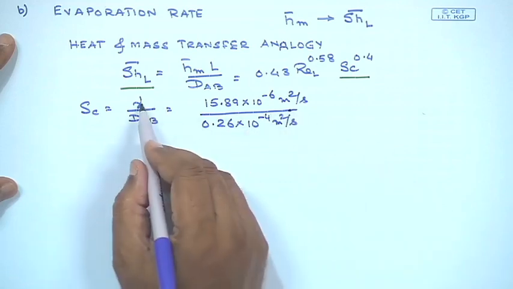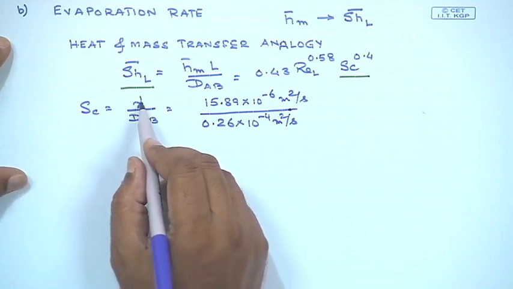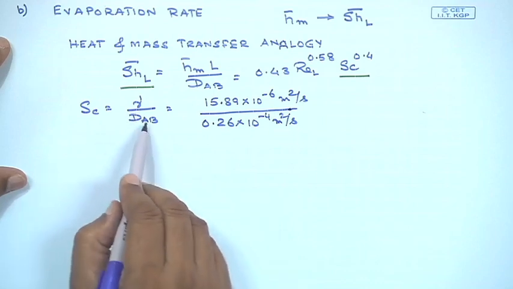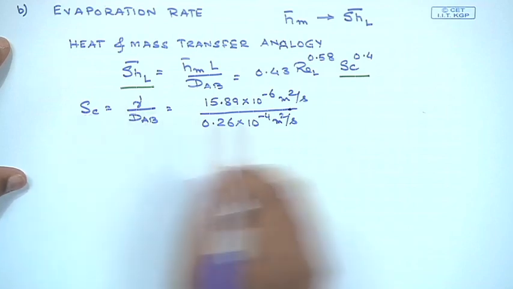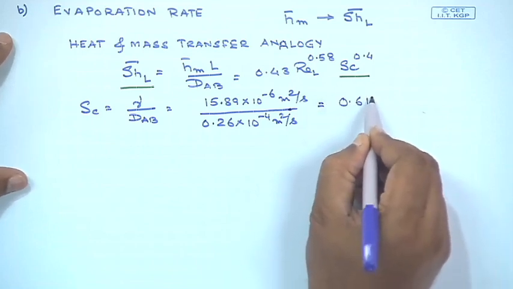So, the kinematic viscosity, or the momentum diffusivity, and the mass diffusivity, the ratio of these two is nothing but the Schmidt number, and the value would turn out to be equal to 0.611.